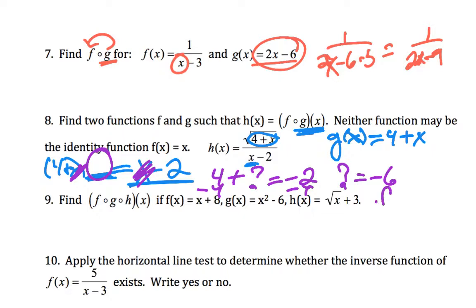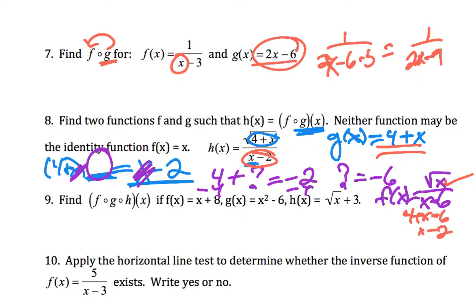I'm thinking that my f of x should be the square root of x over x minus 6. And here, let's check it out. If I put this 4 plus x in, the top's going to be fine. So 4 plus x minus 6 is an x minus 2, which matches, so I was right. This is my f of x.